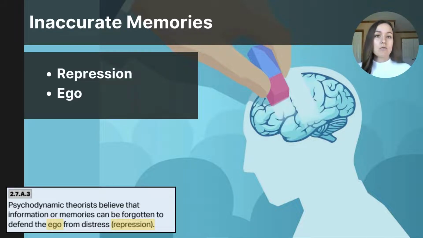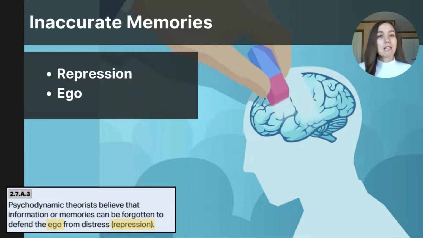And the process is through repression or pushing those distressing thoughts and memories out of your conscious mind. An example might be experiencing a traumatic event. And if you don't remember that traumatic event, a psychodynamic psychologist would say that your mind is protecting you from the pain by repressing that pain.